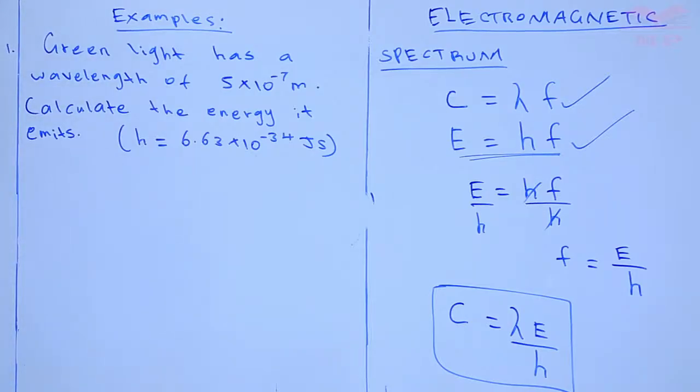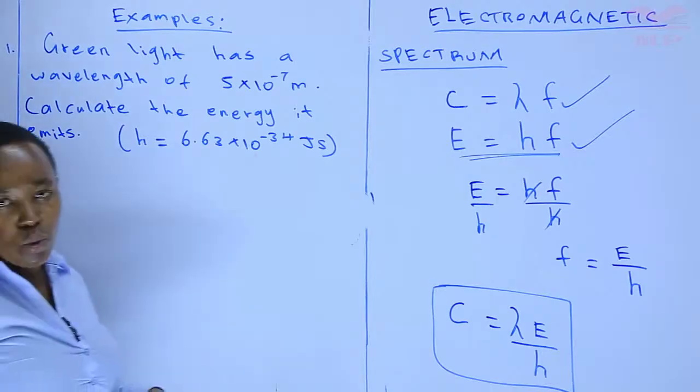So that's one of the questions that you can be given, a very simple question here. Green light has a wavelength of 5 times 10 power -7 meters. Calculate the energy it emits. And the Planck's constant is given as 6.63 times 10 power -34 joules second.